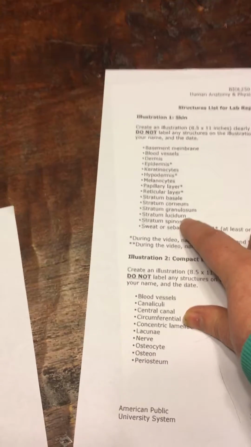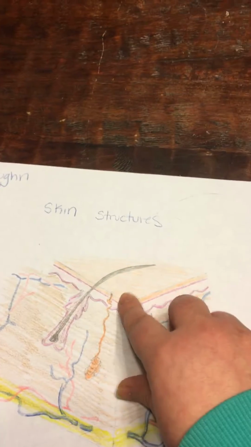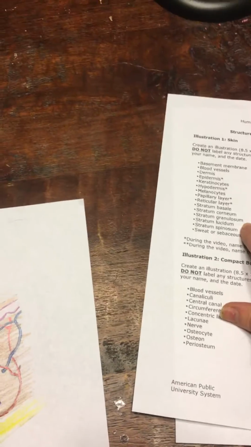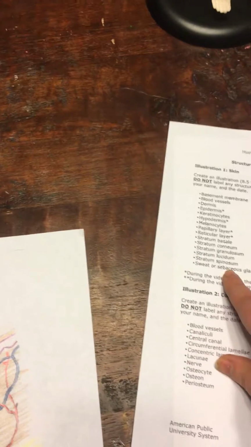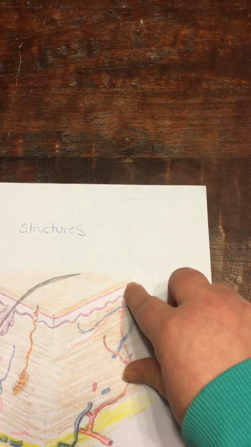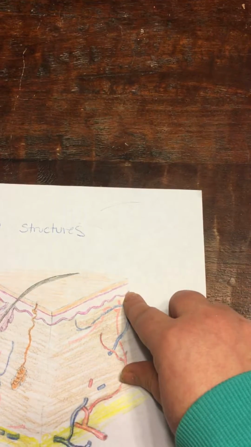I'm probably butchering this terribly. So all in the epidermis, these are the layers, and then the next layer is the stratum spinosum, and then it's the stratum basale. So all of these are within the epidermis layers up in here.